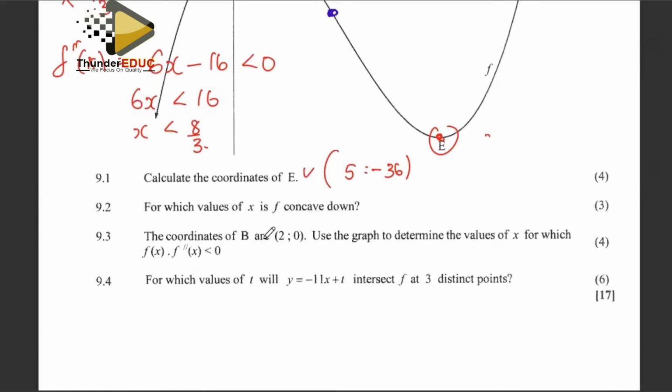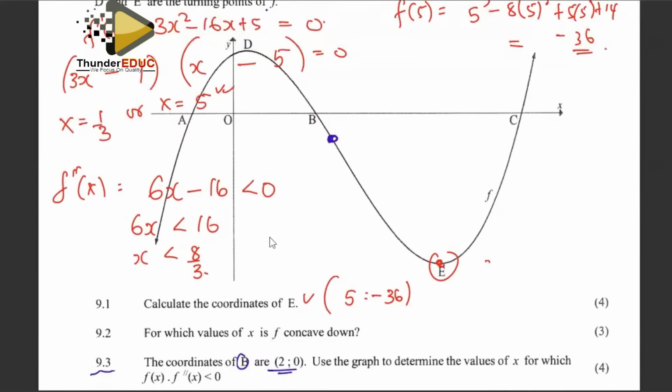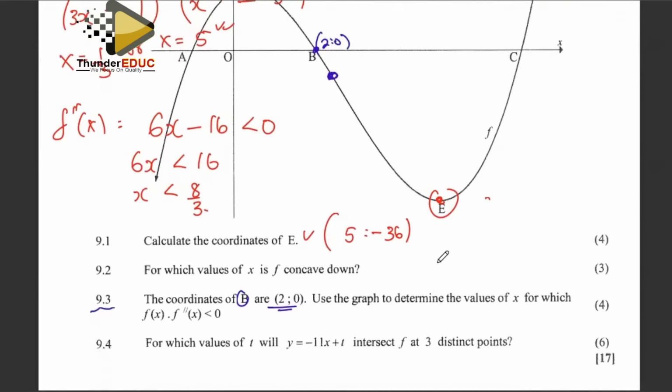And the 9.3, they want us to get the coordinates of B, which are 2 and 0. Okay, thank you. That is 2 and 0. And then use the graph to determine the values of x for which f of x times the second derivative should be less than or equal to 0.